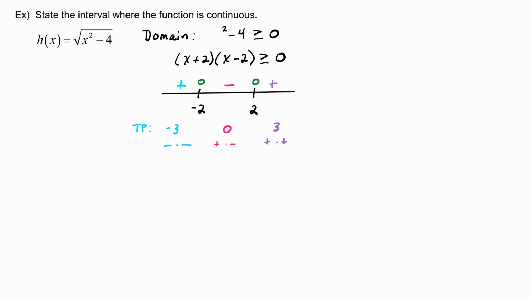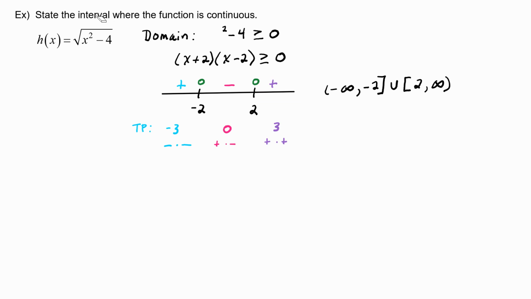So what we want to take are the regions where this product is either positive or 0. And so in this case, the domain is going to be from -infinity up to and including -2, union, including the 2, because that's where it's 0, to +infinity. So this is the domain of this function.